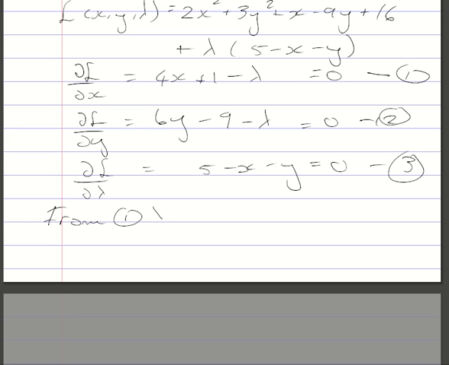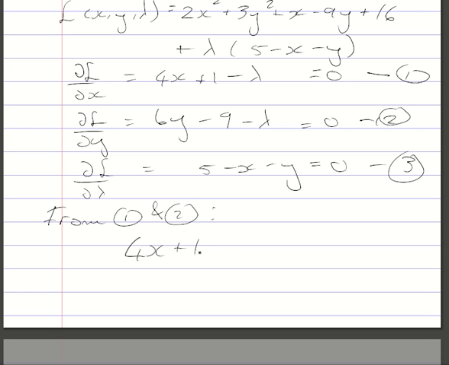Now from 1 and 2, we can take the lambda to the other side, and we'll see lambda is equal to 4x plus 1, and lambda is equal to 6y minus 9. Since lambda is equal to lambda, we have 4x plus 1 equal to 6y minus 9.